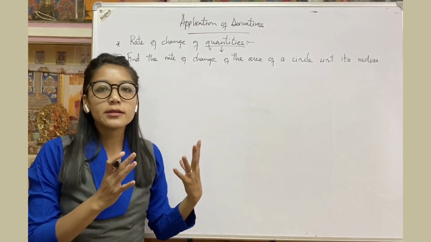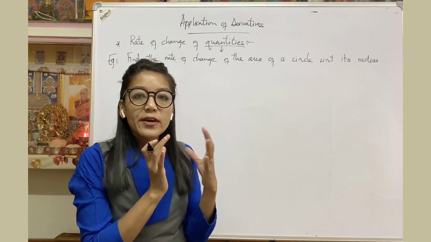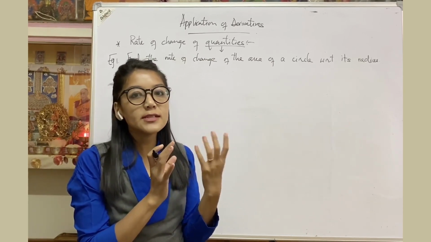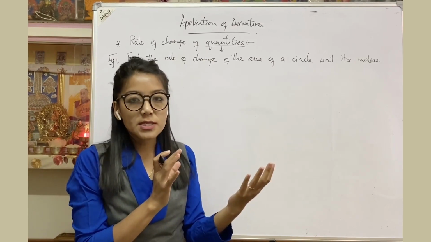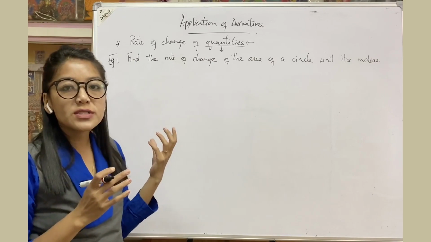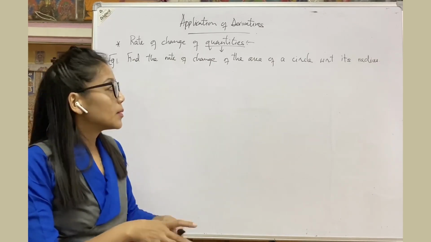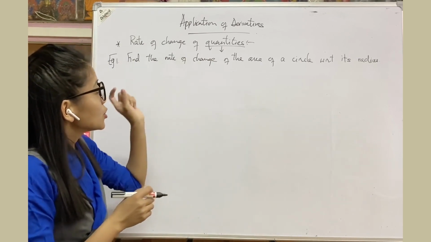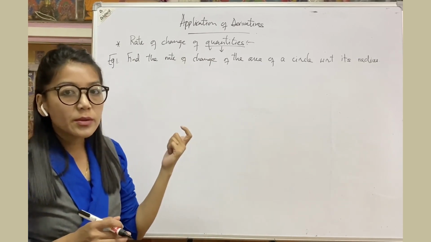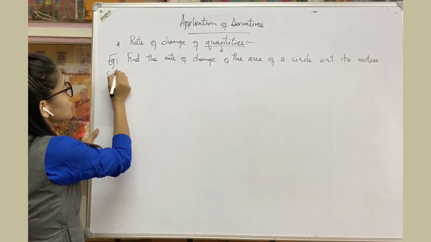Here you are given a circle. For every circle you can find the area, and we know that the area of the circle depends on the radius. Now here we are not going to take variables y and x. You can do that also, but you can use the first letter of the quantity as your variable. First you introduce the variables.